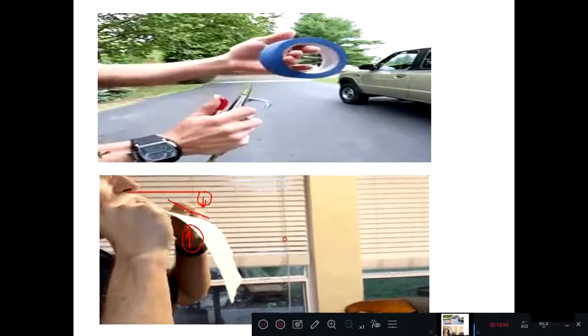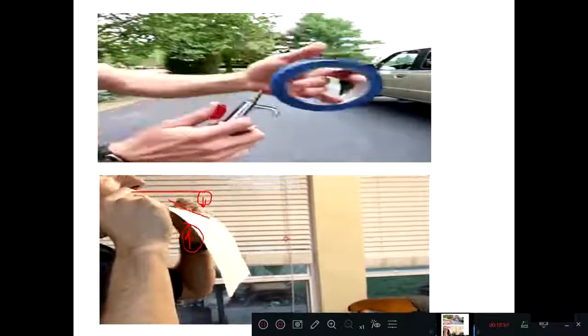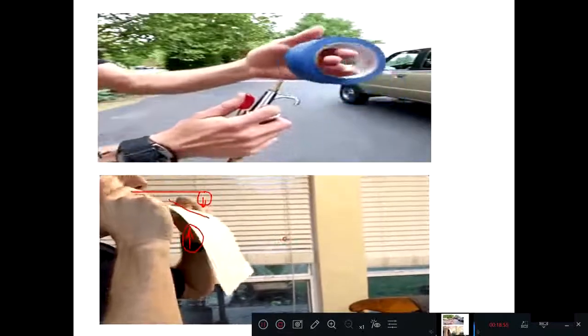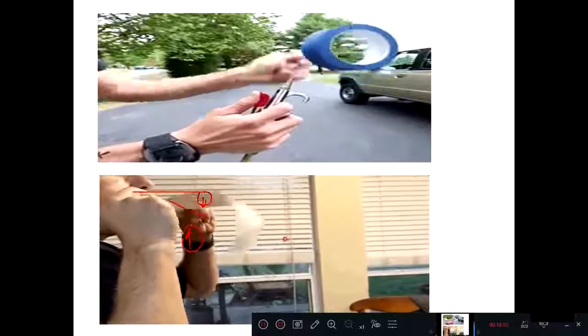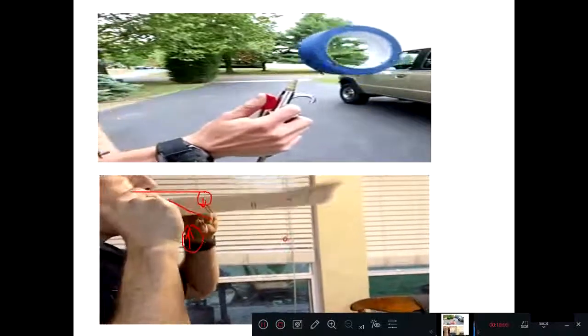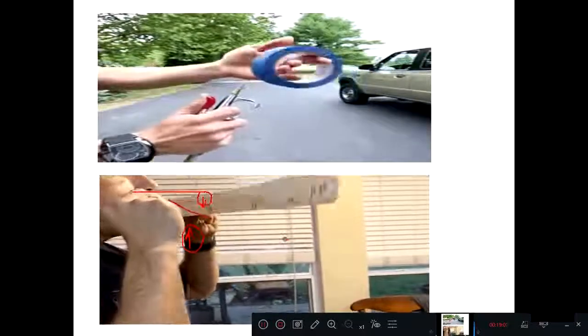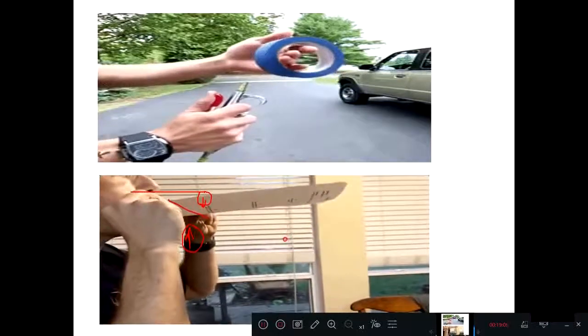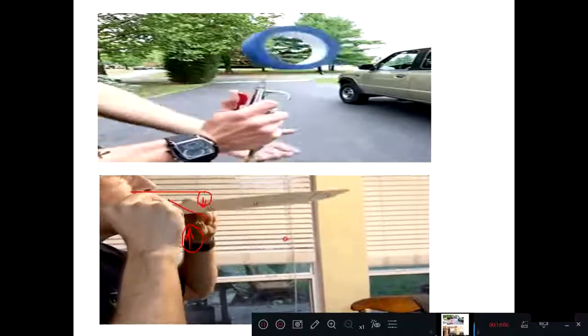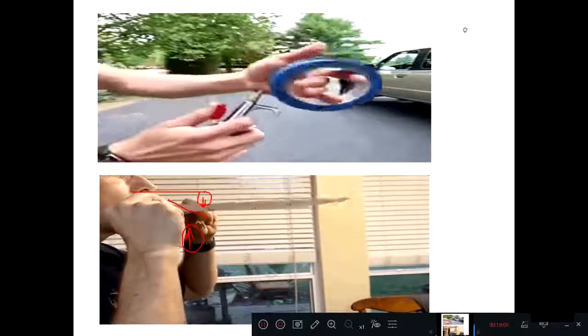So that is the principle of Bernoulli. I hope you understood these practical applications of Bernoulli. Likewise you can identify any number of applications in day-to-day life.